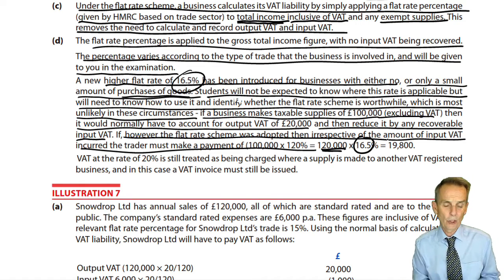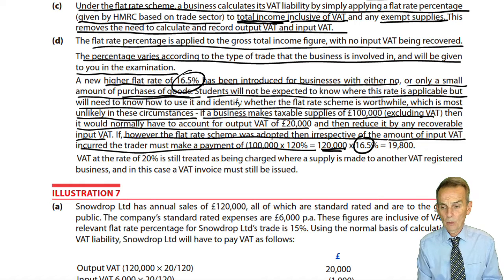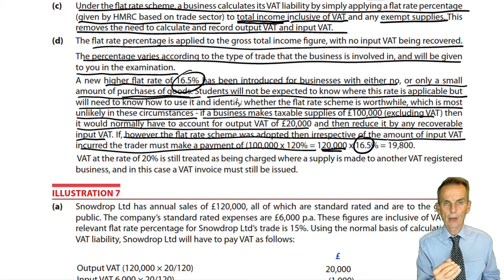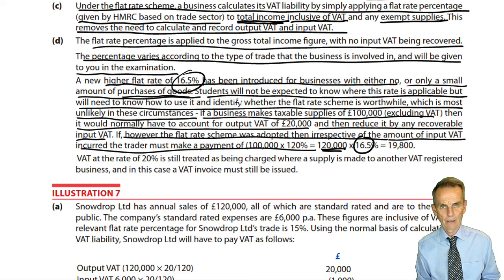Is it worthwhile to join the flat rate scheme? Well, you're only going to do that, of course, if it reduces the amount of VAT that you would otherwise have had to pay over to HMRC. So what you're going to have to do is get your total sales, establish the VAT thereon by applying the flat rate percentage, and that's your flat rate figure.